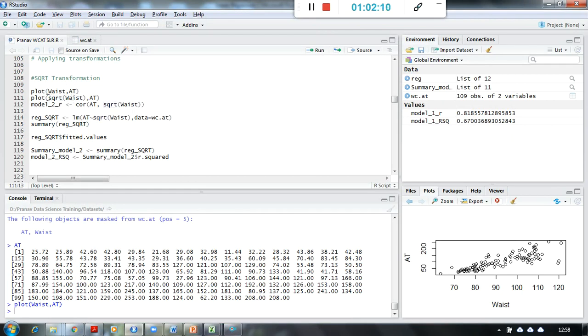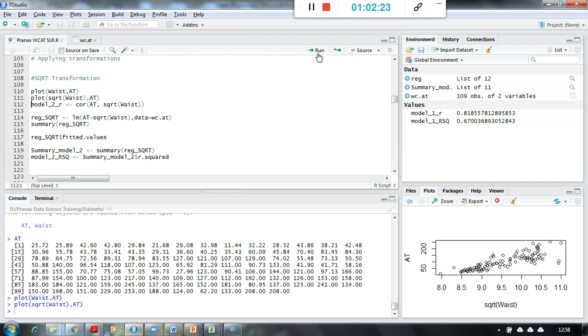This is a mathematical formula I'm going to apply on waste, and I'm going to check a scatter plot between AT, which I'm keeping as it is, and the transformed waste. This was the earlier plot and this is the current plot. There is some change because I have taken the square root of the waste, so probably some change in the relationship happened.